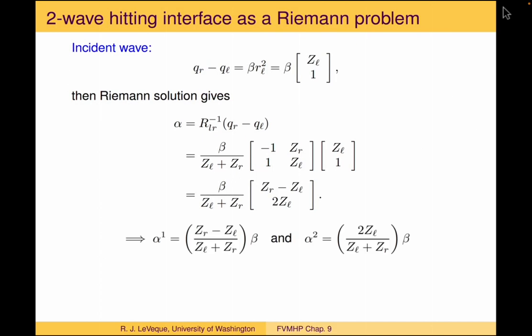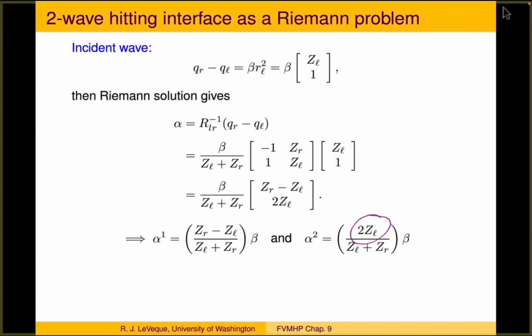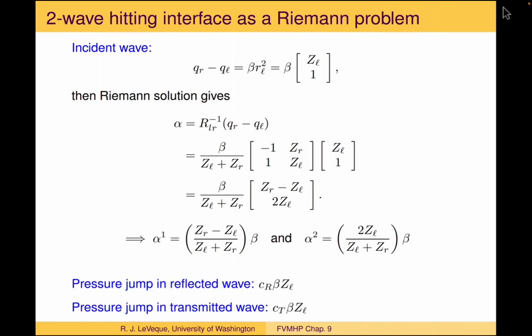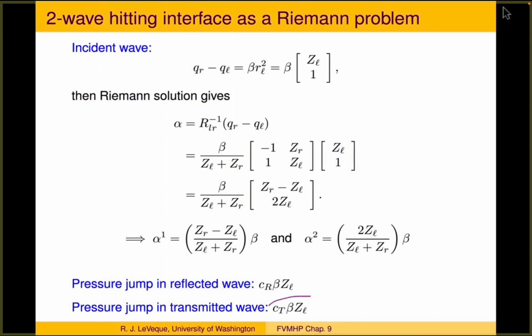And so we get alpha 1 and alpha 2 are values that look very much like these reflection and transmission coefficients, although notice that in alpha 2, this is 2ZL on top rather than 2ZR. But when you look at how the pressure changes as you go through the interface, it turns out that the pressure jump in the transmitted wave is exactly the transmission coefficient times beta times the pressure jump in the initial wave, which was beta times ZL.